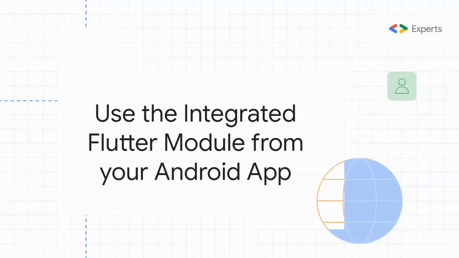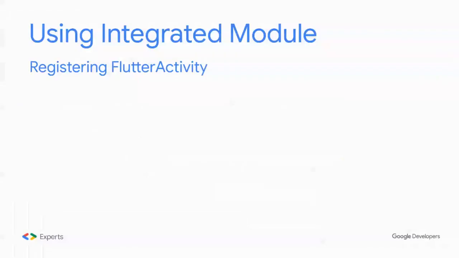What we need to understand here is that the module uses a lot of special classes like Flutter activity, Flutter fragment, etc. And these Flutter activities and fragments are doing a lot of work for us behind the scenes.